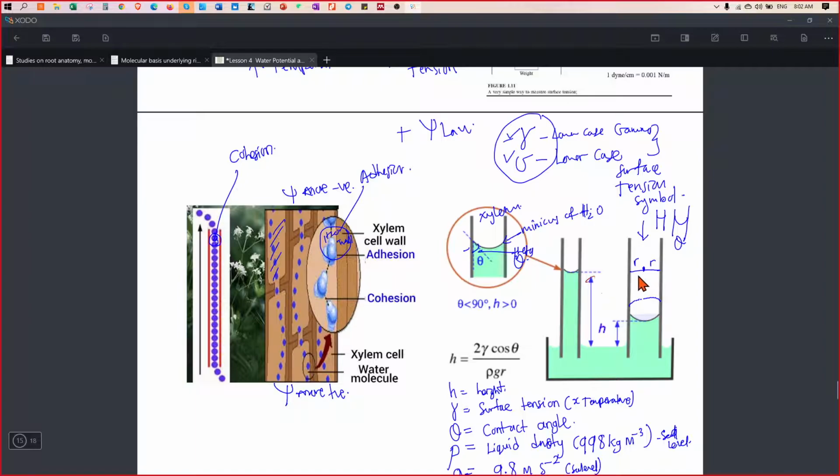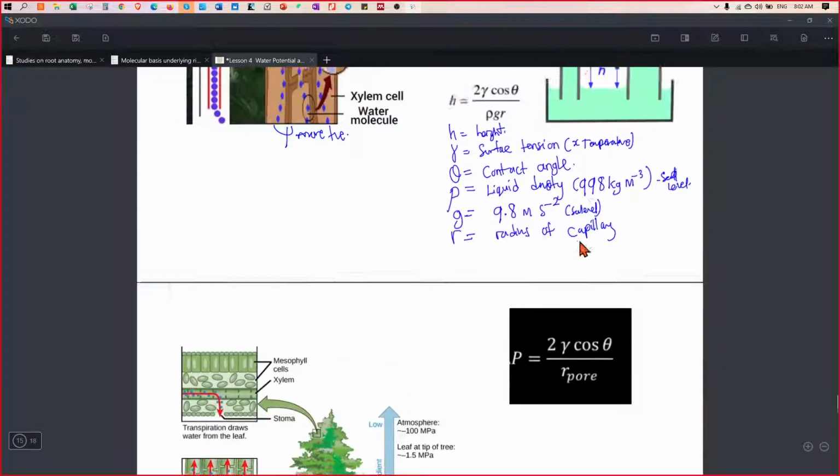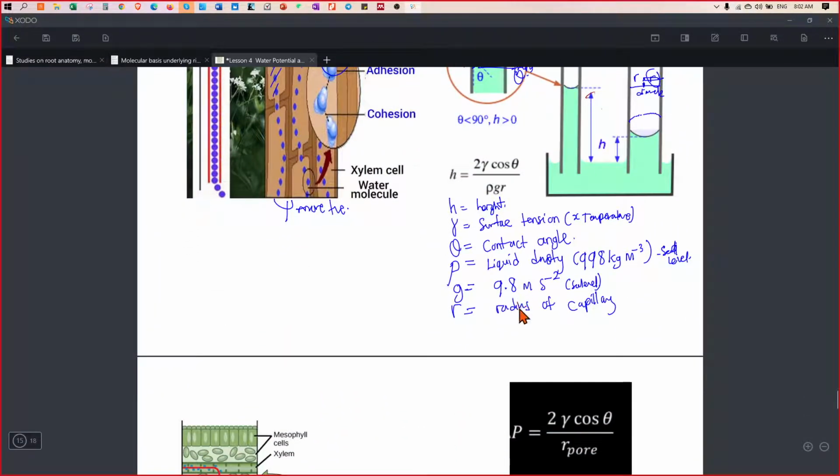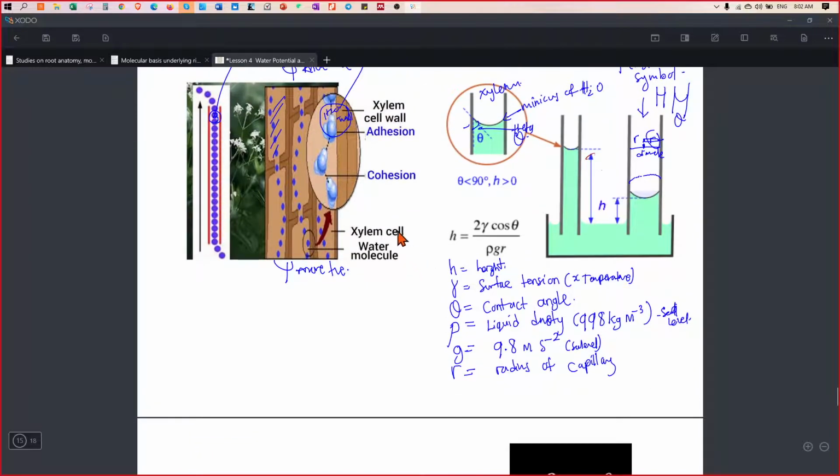So you want only half of it, from the middle of the xylem capillary or xylem vessel to the wall. That is your radius of the capillary, and then you just plug in everything, and you will get your height.